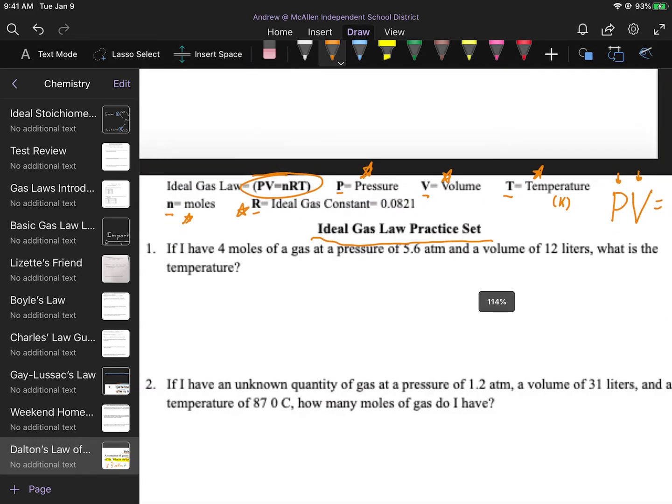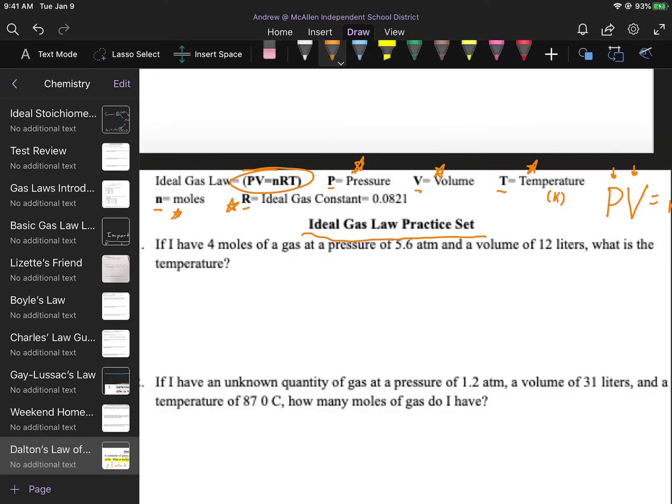Let's do some practice. If I have 4 moles of a gas at a pressure of 5.6 atmospheres and a volume of 12 liters, what is the temperature? Now, ideal gas law has 5 variables, so we're going to write 5 things. P, V, N, R, T. If I have 4 moles, the variable that is moles is N. So 4 moles.